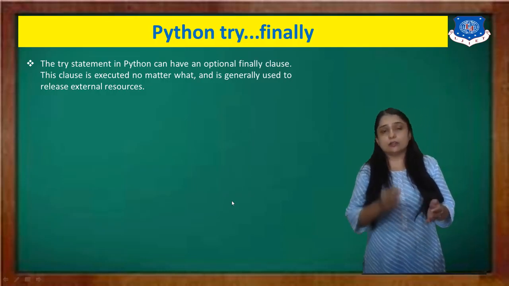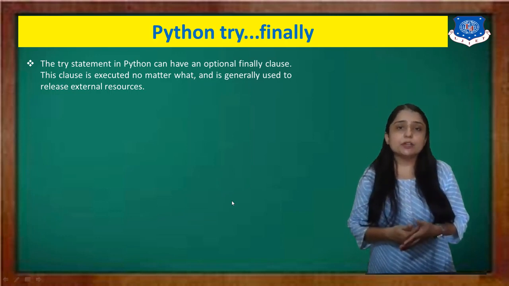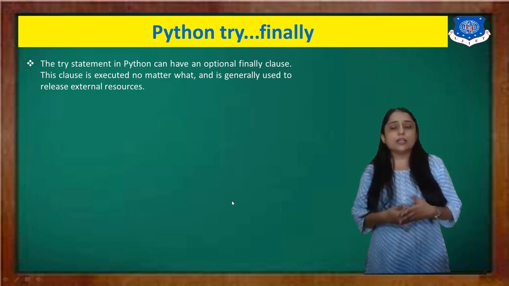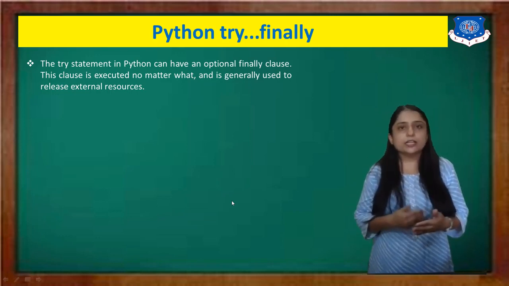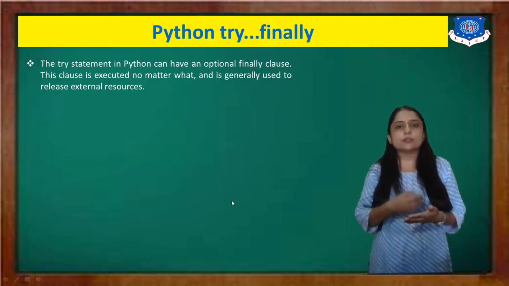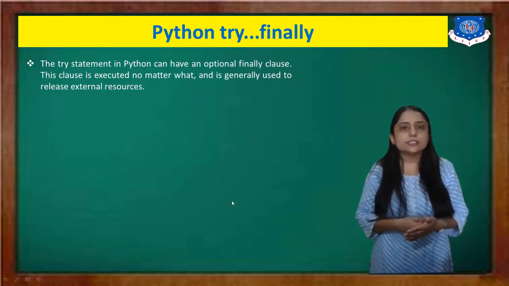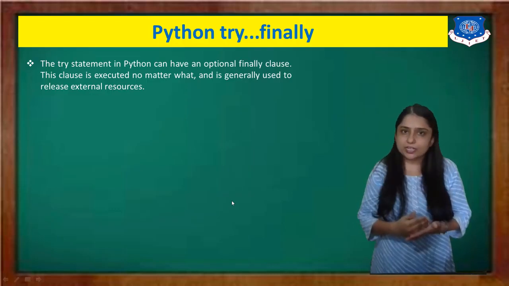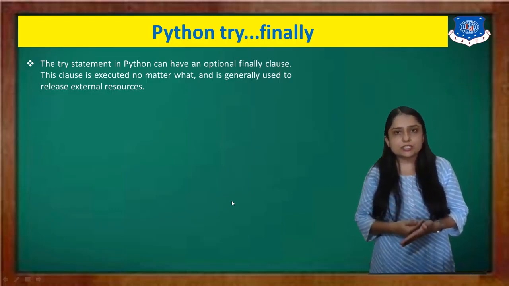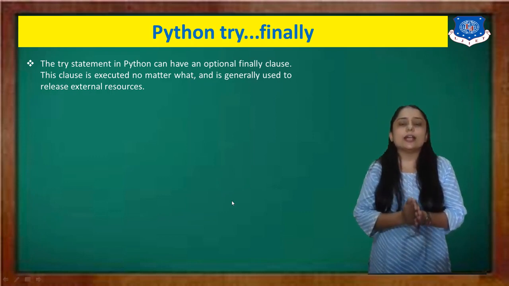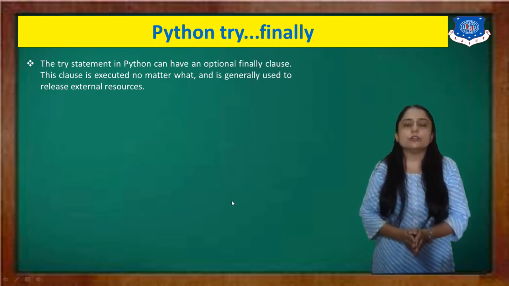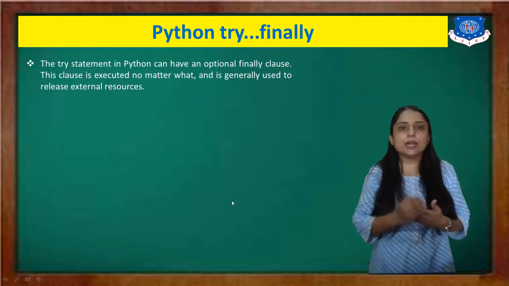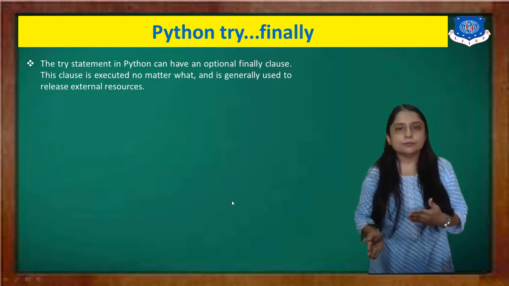In a try-else statement, if my try block executed properly, then if I want to execute some particular block, I write it inside the else. But no matter what, whether the try is correct or any exception is there, if I want to execute a particular code, then I have to use the Python try and finally.